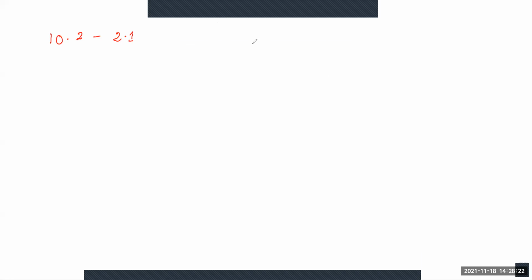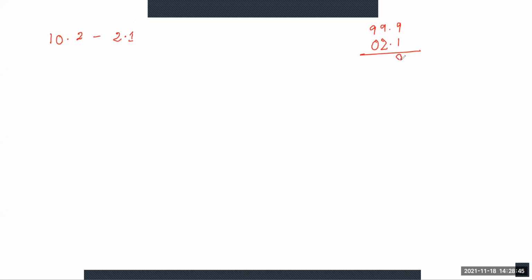First, our step is to get the nines complement. So here this is the subtrahend and this is the minuend. 99.9 minus 02.1.